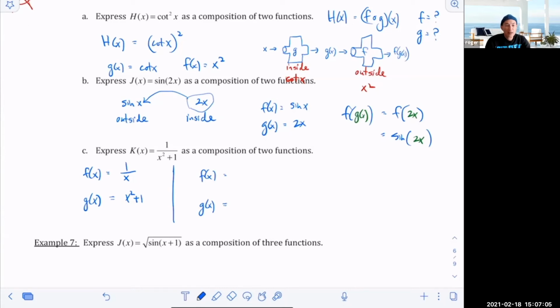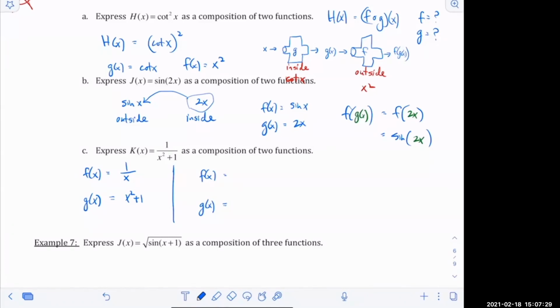So Hao-Wei wrote x to the negative 1. Hao-Wei, your answer is the same as the one that Benny wrote, because x to the negative 1 is the same thing as 1 over x. So your answer is no different. Cigar, do you see how your f function is 1?